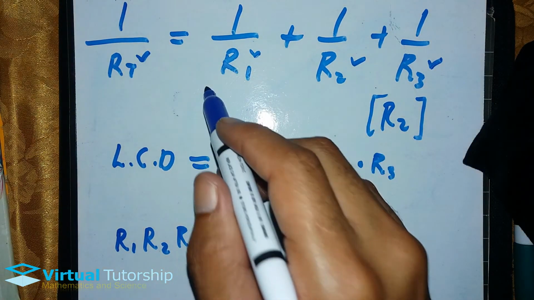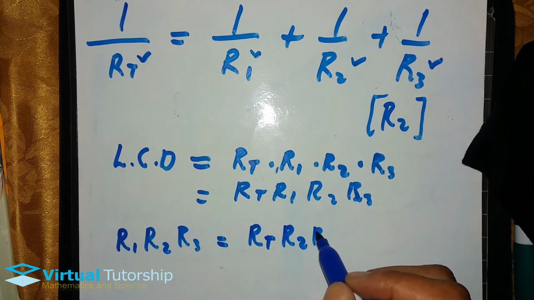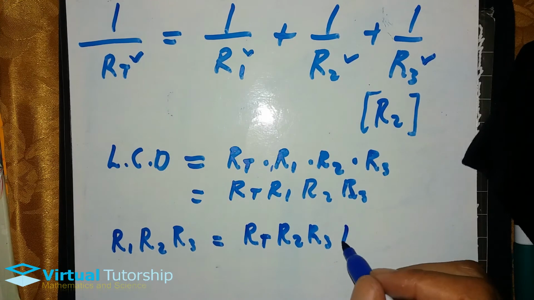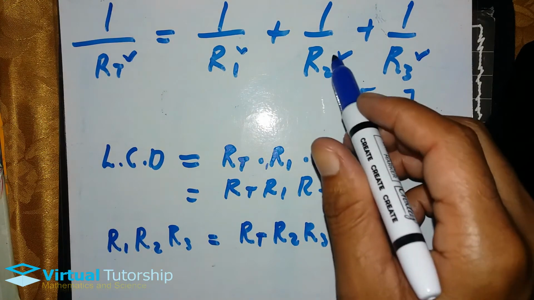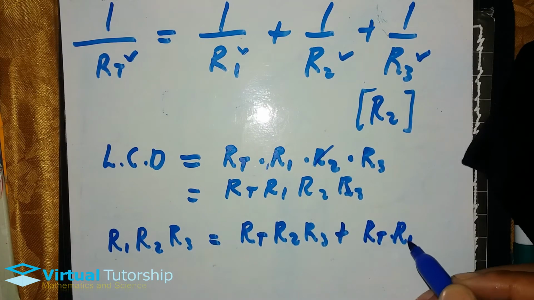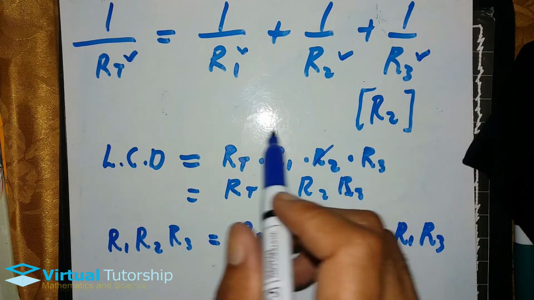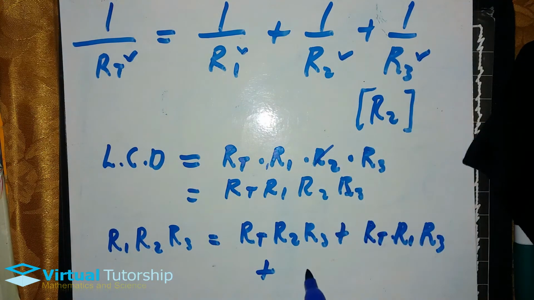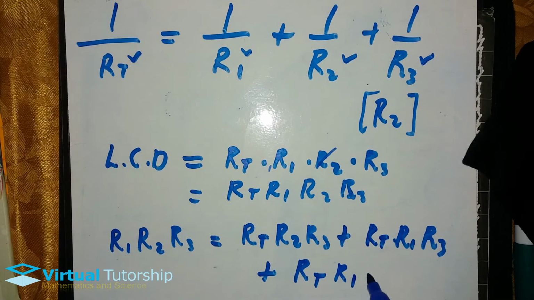This R1 will cancel with this R1, leaving RT, R2, R3. Plus LCD times this fraction with R2 below: this R2 will cancel with this R2, leaving RT, R1, R3. Plus LCD times this fraction: this R3 cancels with this R3, leaving RT, R1, R2.